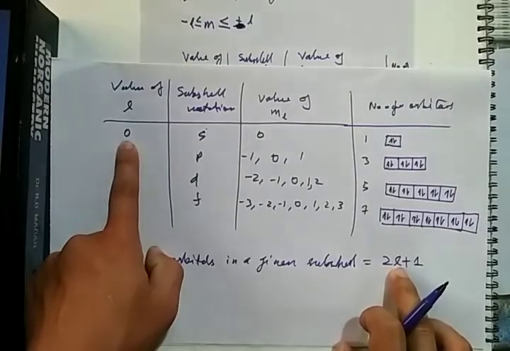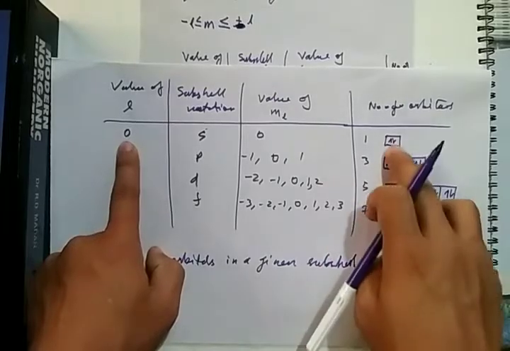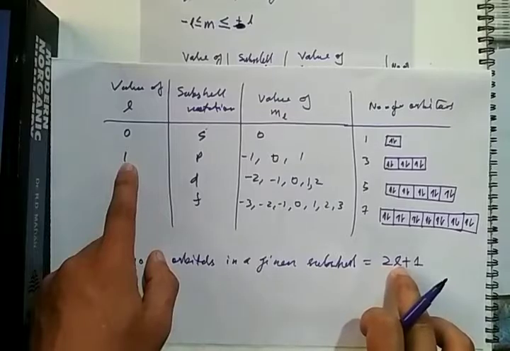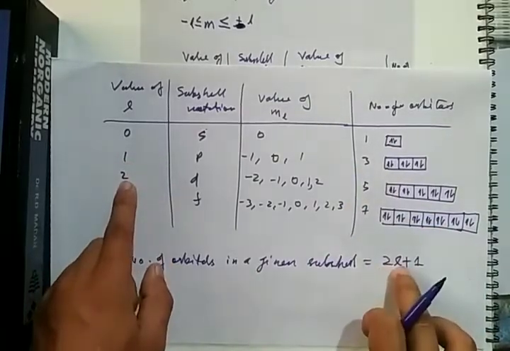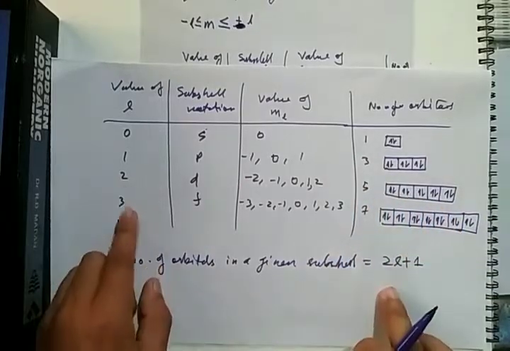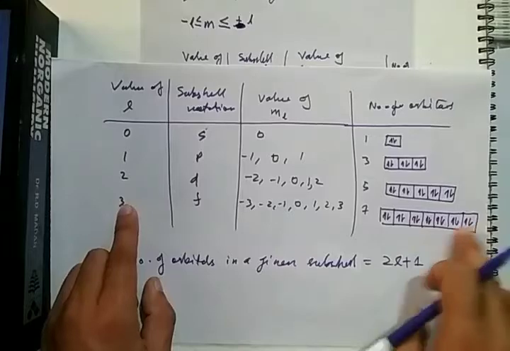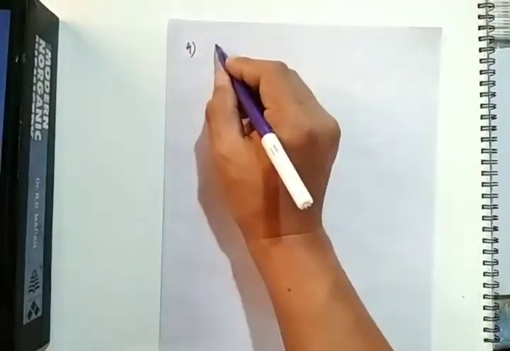If we take l equal to 0, 2 into 0 is 0, plus 1, so 1 orbital. If we take 1, 2 into 1 is 2, plus 1 is 3 orbitals. 2 into 2 is 4, plus 1, 5 orbitals. Now 2 into 3 is 6, plus 1, 7 orbitals.